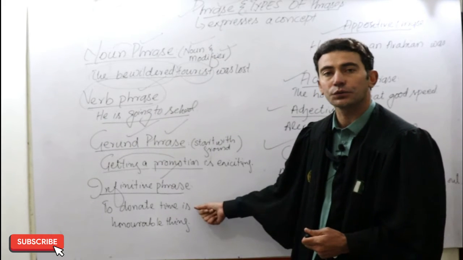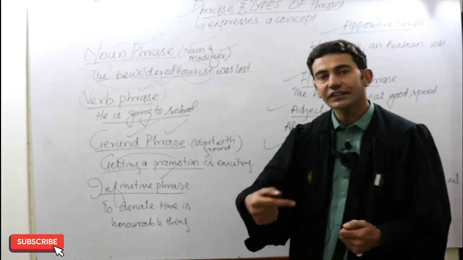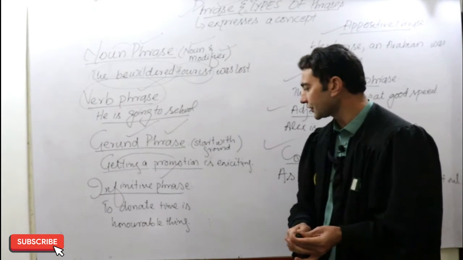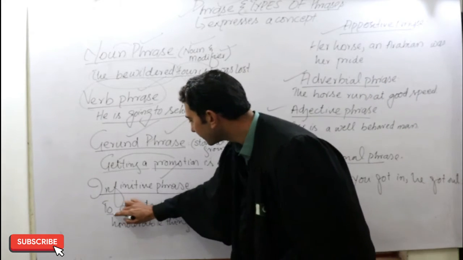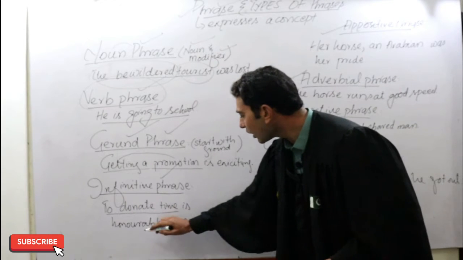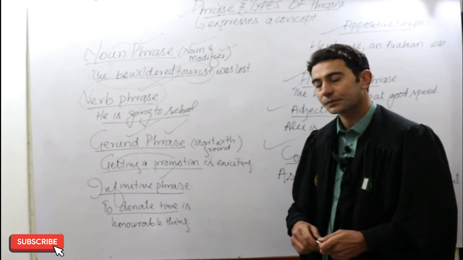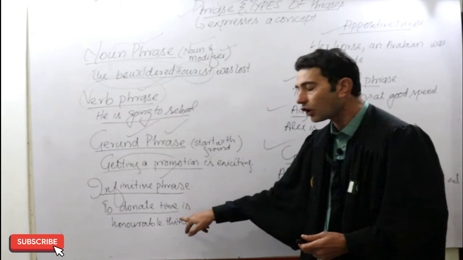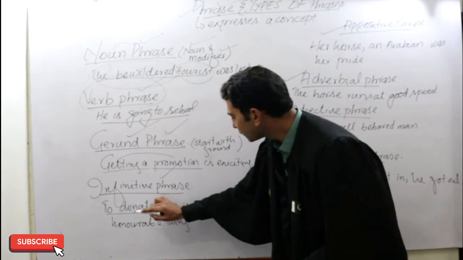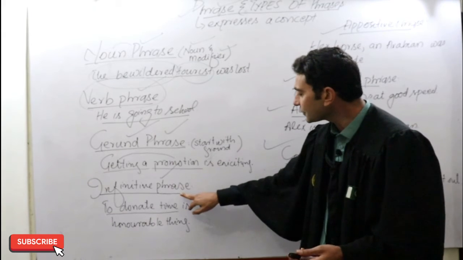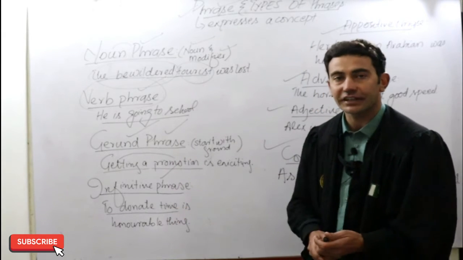We use it as a subject, as an object, and as an object of a preposition. Like this example: to donate time is an honorable thing. Here "to donate time" is an infinitive phrase and functions like a noun in the given sentence.